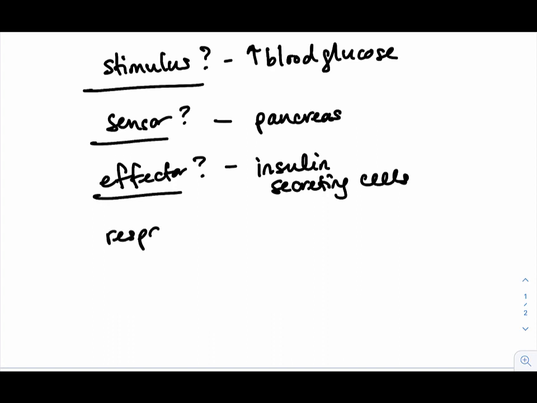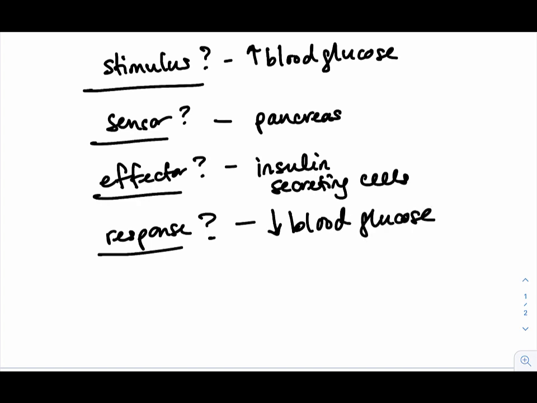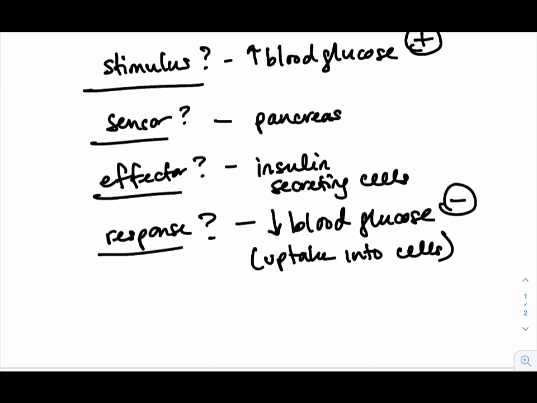What is the response? The response is to decrease blood glucose. It decreases blood glucose by causing uptake of glucose into the body cells. Notice how an initially high stimulus created a stimulus to lower that molecule in the blood.